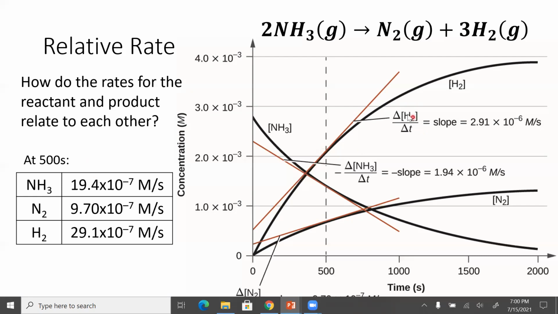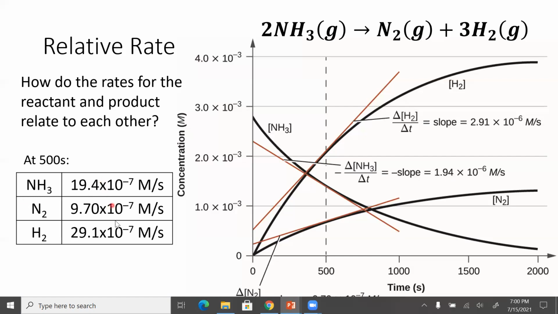Now, it's the change in concentration over the change in time. And we get 2.91 times 10 to the minus 6 for our hydrogen, 1.94 times 10 to the minus 6 for our ammonia, and 9.70 times 10 to the minus 7 for our nitrogen.